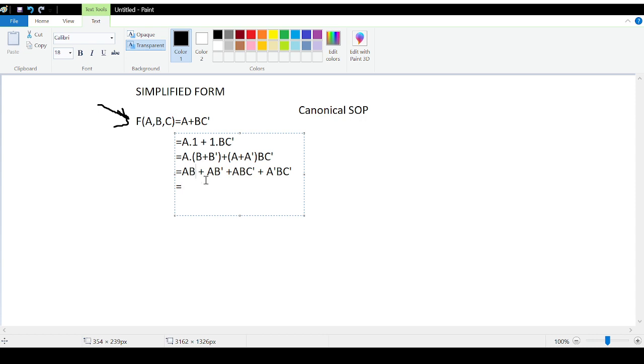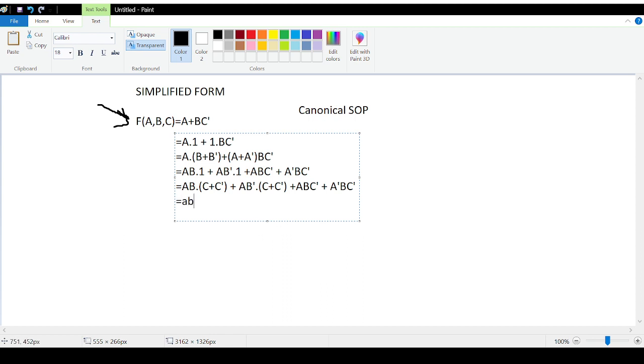So can you tell me what my next step is going to be? Trying to bring in the other variable. Right. So AB bar here I'm multiplying with 1. And what do I replace this 1 with? C plus C bar. Okay.